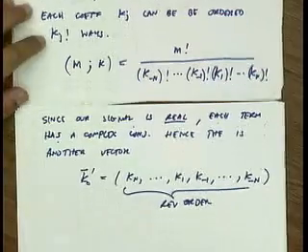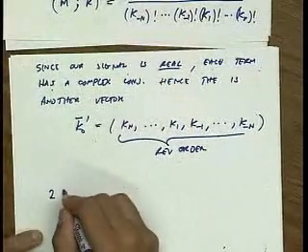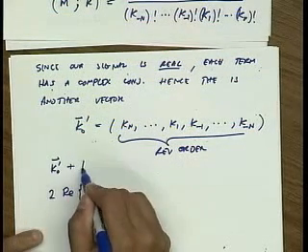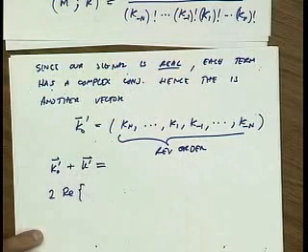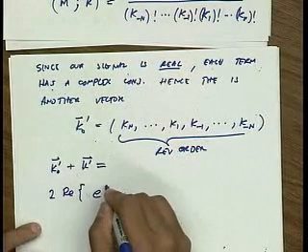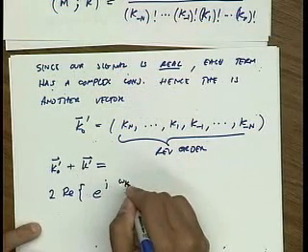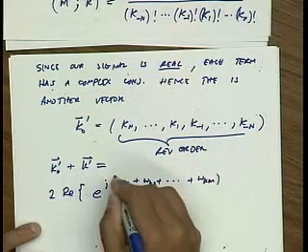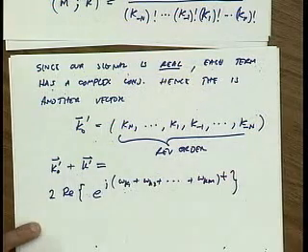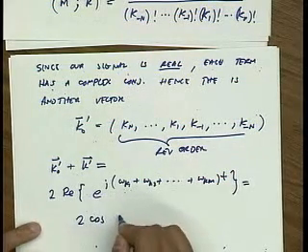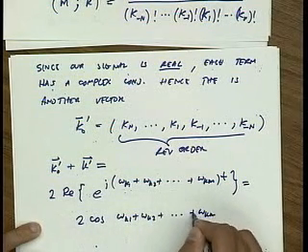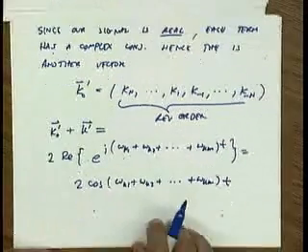Okay? In other words, if I take the k0 prime and the k prime and I sum them, because they're complex conjugate, I get twice the real part. So I get twice the real part of omega k1 plus omega k2 plus omega km t, which of course is just 2 cosine omega k1, omega k2, omega km t. Okay?